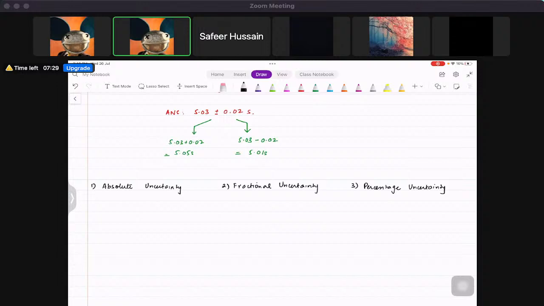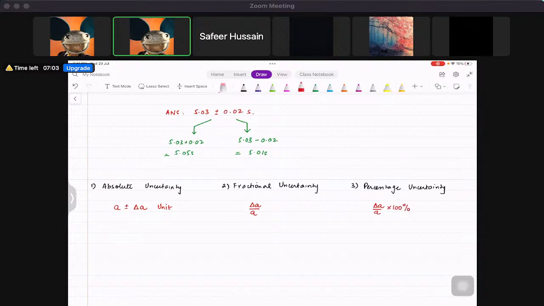Now, when you're looking at the absolute uncertainty, it has a simple design. You have the mean value like this, plus minus the uncertainty like this, right? And of course, you will have some unit or no unit, doesn't matter. The fraction is that you divide the uncertainty over the actual value like this. And percentage just means that you multiply the fraction with 100%.